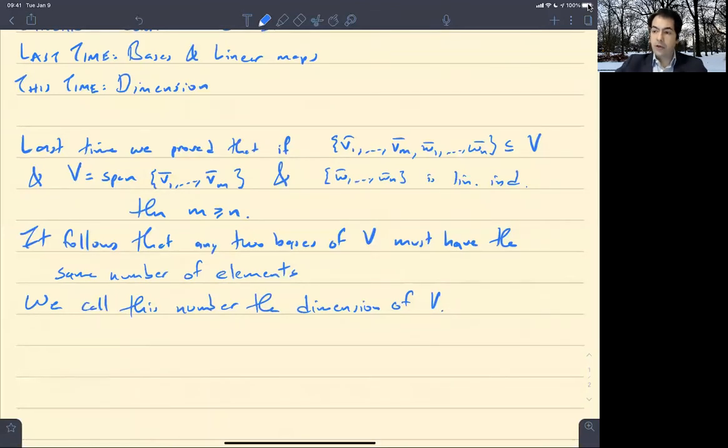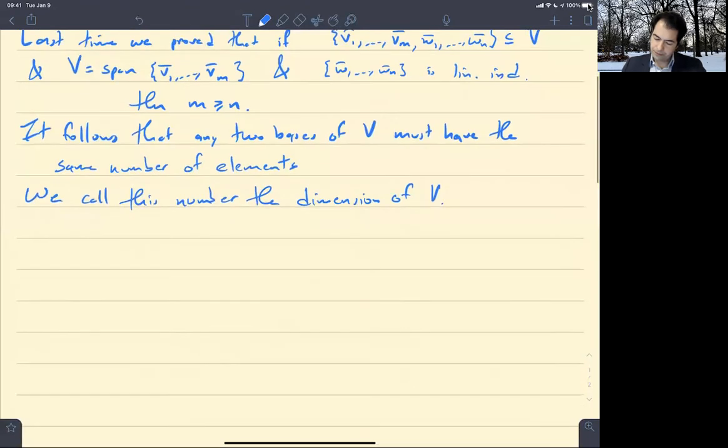Okay, so for example, the canonical basis or the standard basis of Fn, right?